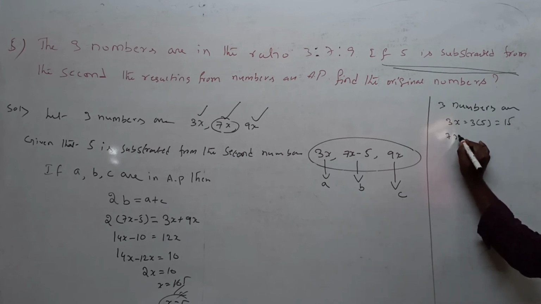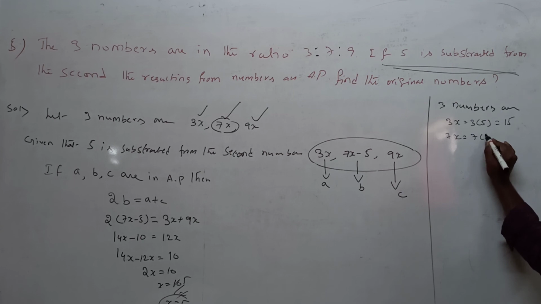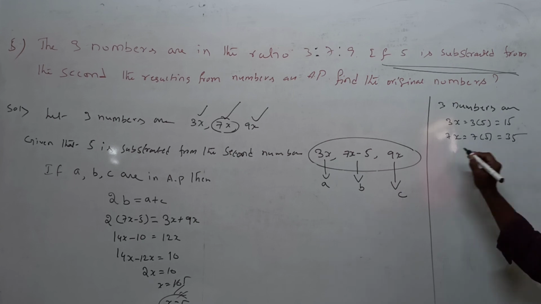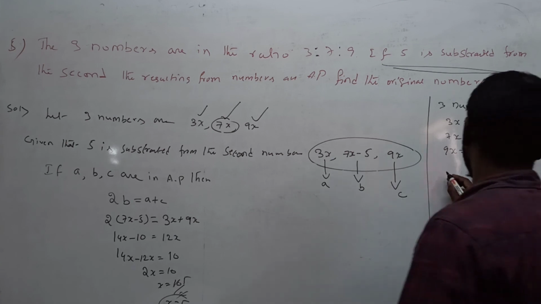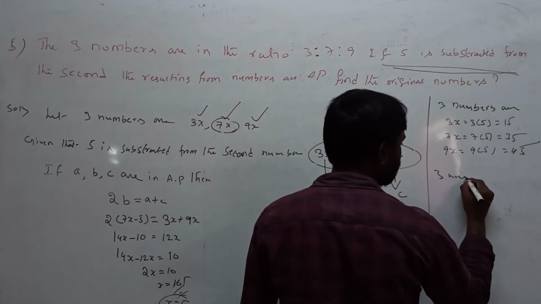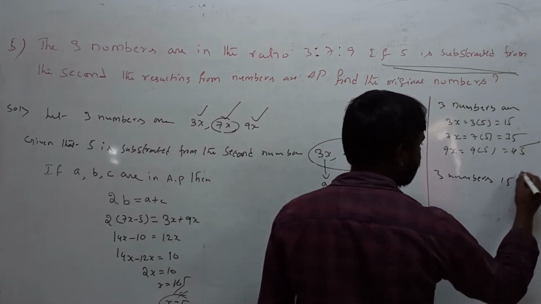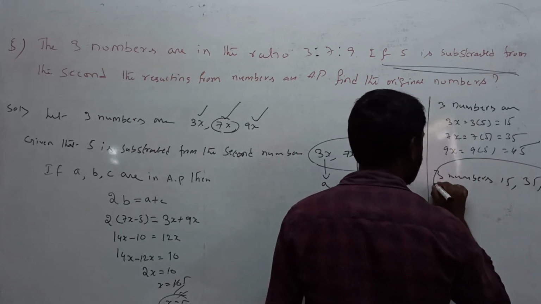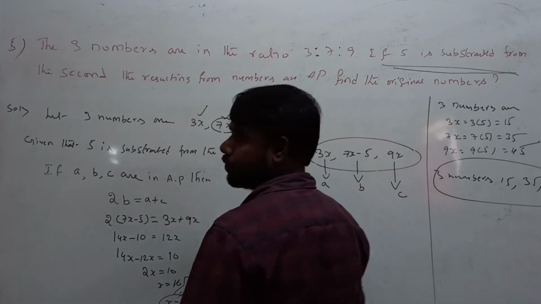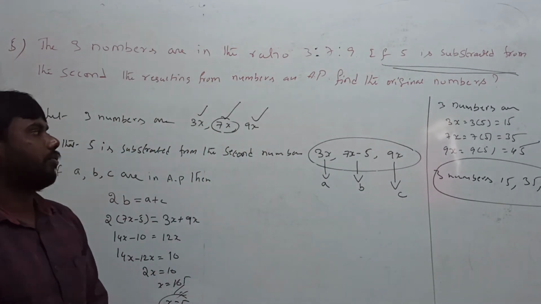Second number is 7x, 7 into 5 is 35. Third number is 9x, 9 into 5 is 45. So finally the three numbers are 15, 35, 45, in the ratio 15 is to 35 is to 45.